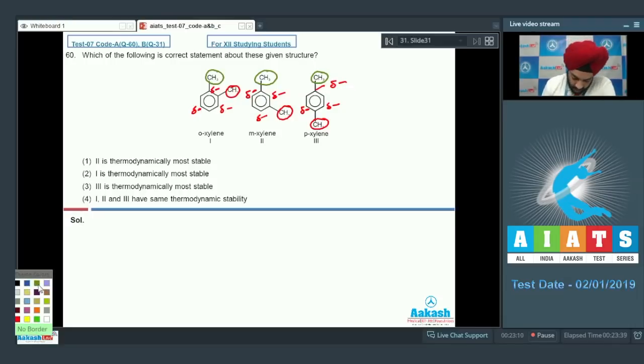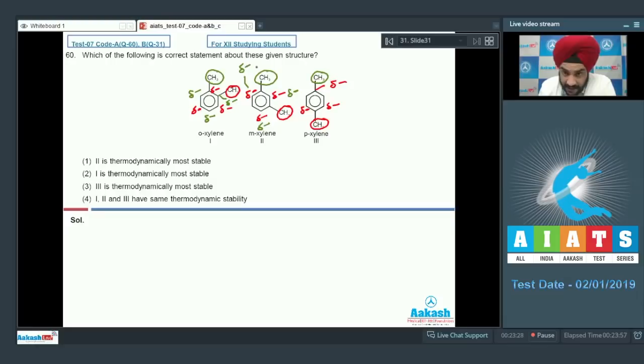Now we can also have the effect of the other CH3 group, which is in green color. So we'll have the delta negative at the ortho and the para again. In the second structure, we'll have the effects consolidating. The charges will appear at the common positions. In the third structure again, we'll have delta negative at different positions.